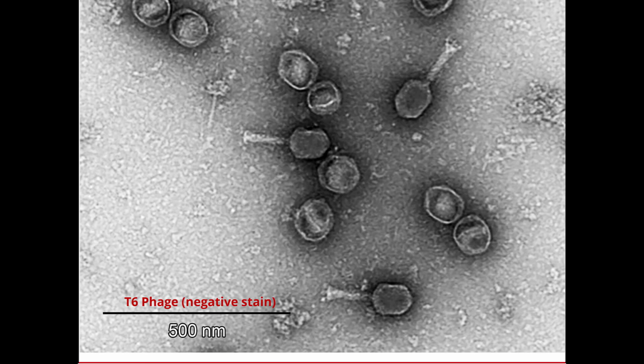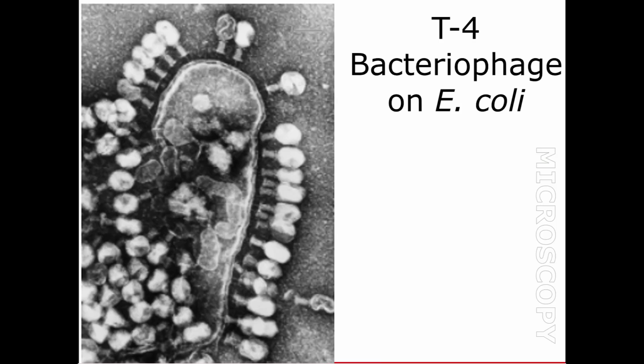This is just bacteriophages where we use a negative stain. I forget the name of the stain. It's a dark stain, something carbonized or something. But anyhow, you use that and you get this. So here are the bacteriophages all over the surface of a cell.